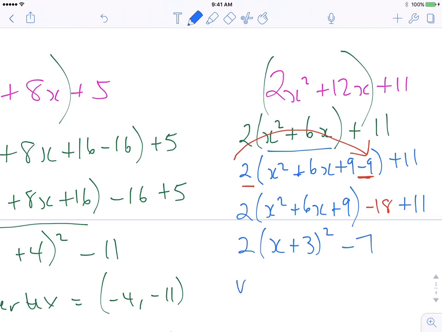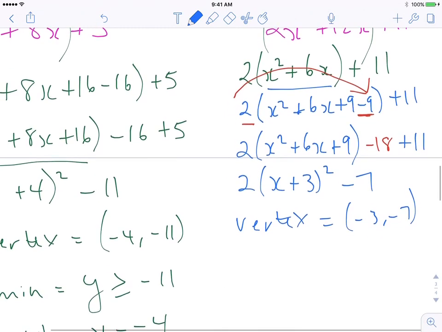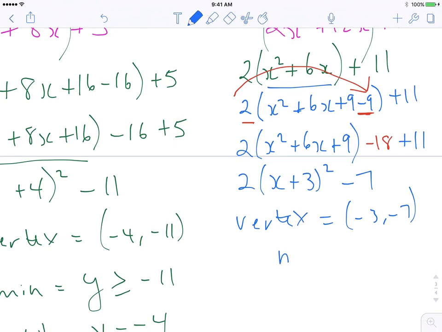And the vertex, in this case, is negative 3, negative 7. And it is, of course, opening upward, so it's a minimum. And y is greater than or equal to negative 7 when x equals negative 3.